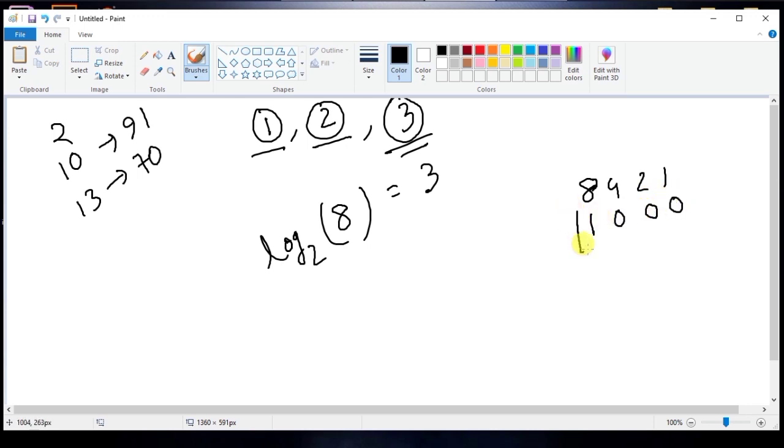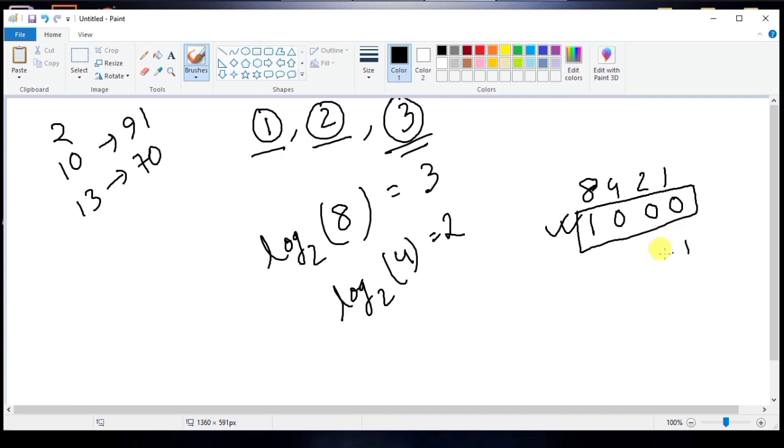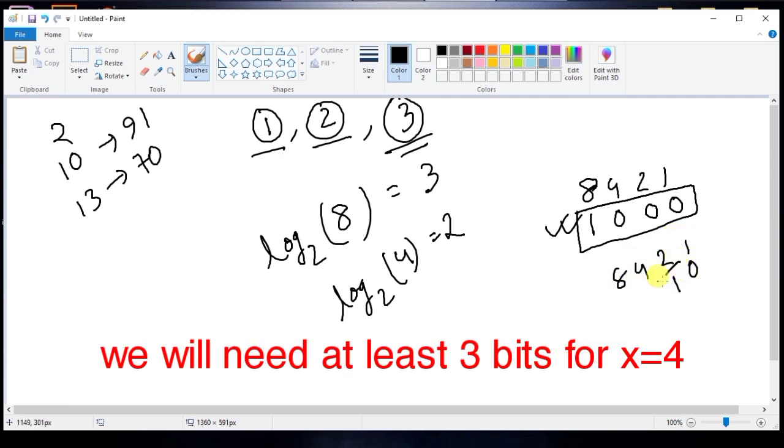So we see that we need at least 4 bits to represent 8. And if we say log 2 base of 4, then it gives 2. So what is the minimum number of bits we need to represent a 4? It will be 1 2 4 and 8, and we need at least 3 bits.